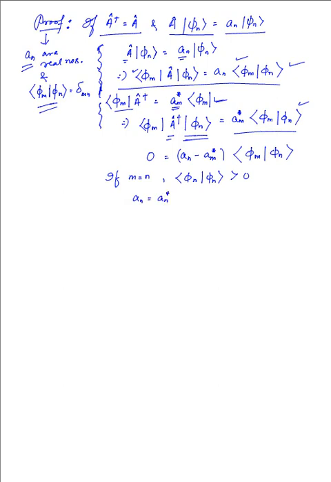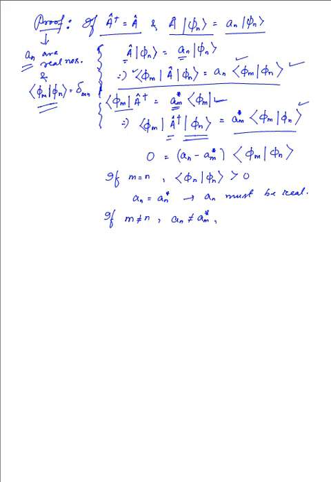That means an must be real. Now the second case, suppose we have m not equal to n, then we have an not equal to the conjugate of am.